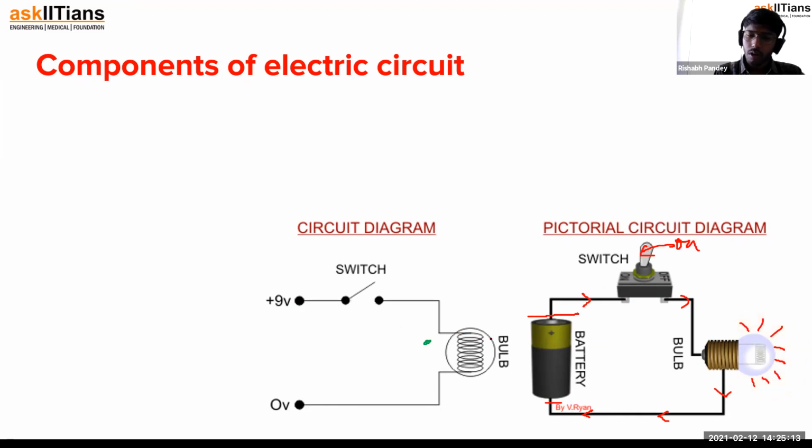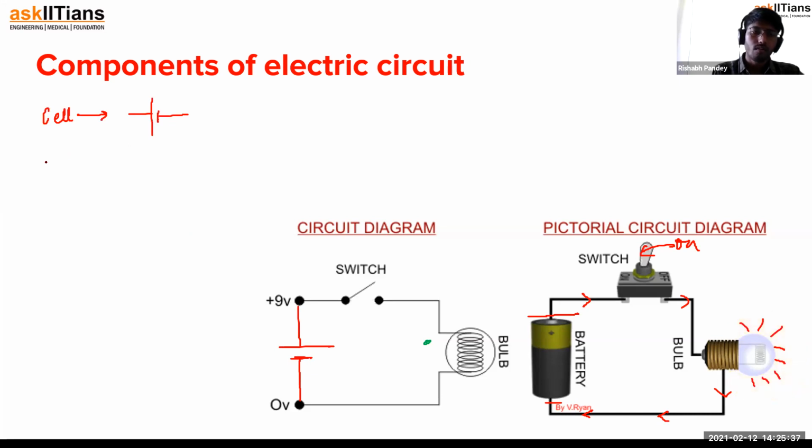The bulb is represented by this, and the switch is represented by this. You can represent the cell like this, or as positive and negative. The circuit can also be represented in this manner. For a cell, the symbol is the positive and negative terminal.